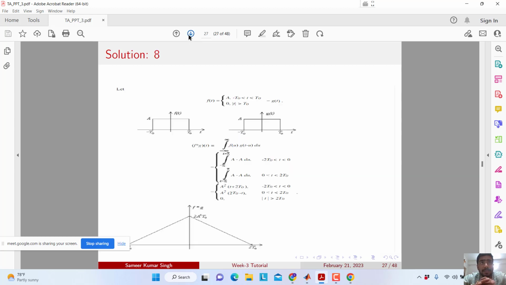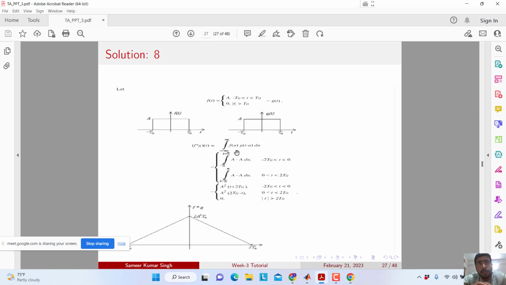Don't worry, there is an explanation. We consider two rect pulses having amplitude A, with magnitude from minus T to capital T. Suppose that is f(t) and that is g(t), both the same, and we are doing the convolution.